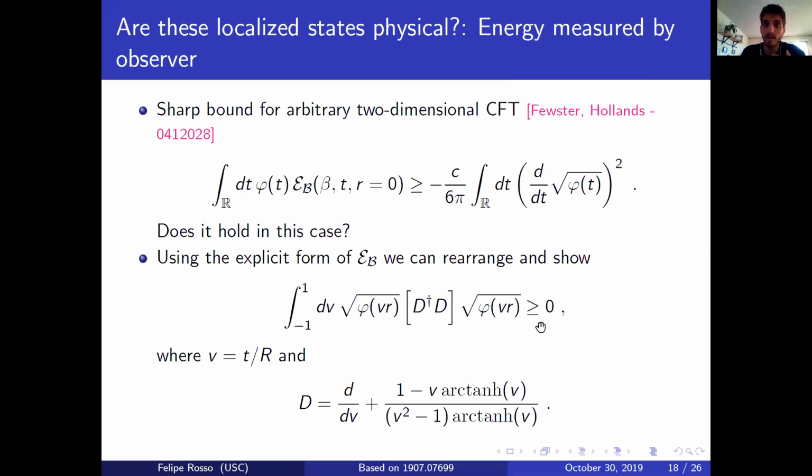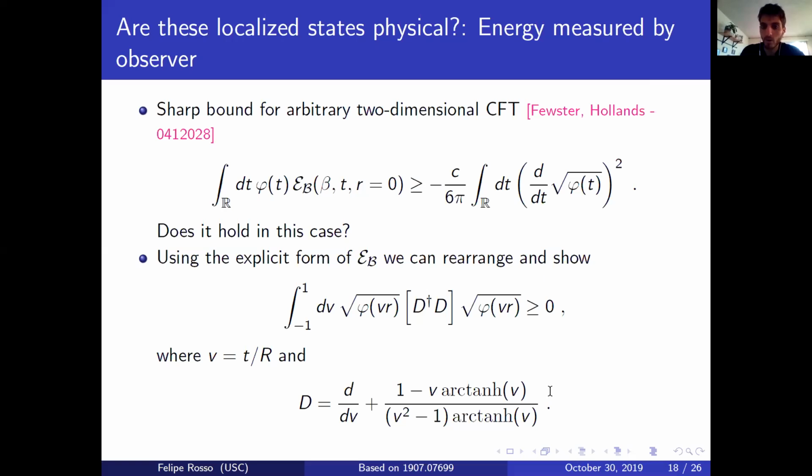This means that despite the appearance of these energy-localized thermal states, whose energy density is weird and where there might be something wrong, we find complete agreement with this type of inequalities. And you can actually show that when beta goes to infinity, this is to say the zero temperature case of the localized thermal state, this bound is saturated, okay? So the localized thermal state we have considered saturates this general inequality.